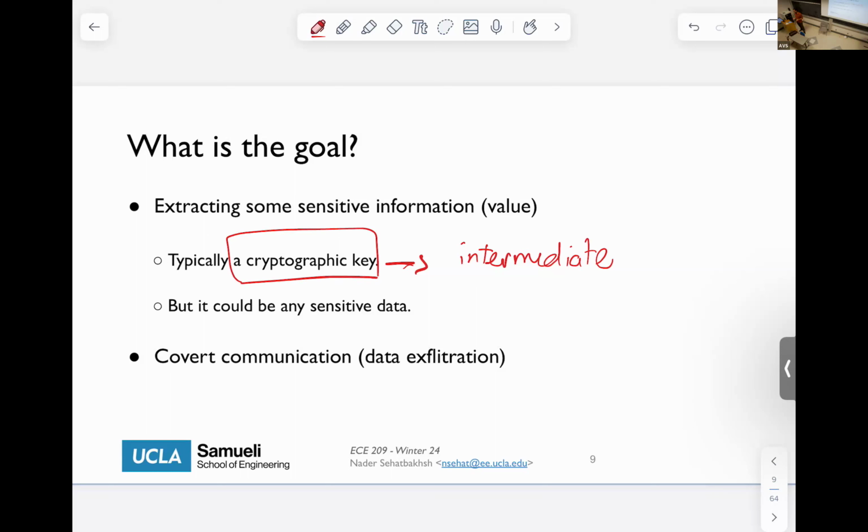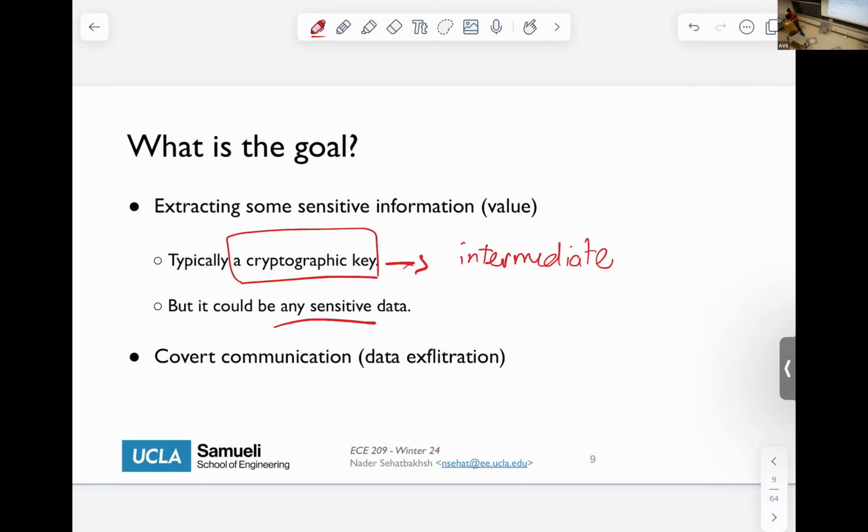Not necessarily the data, but the general design could be very important. For example, it could take years and millions of investment for a particular company to design a particular software, and now think about somebody who can steal this and replicate it. So protecting IPs is also another thing that your system might want to protect.